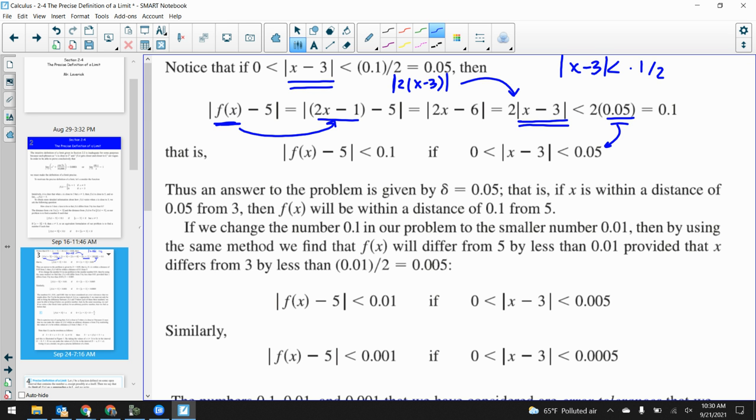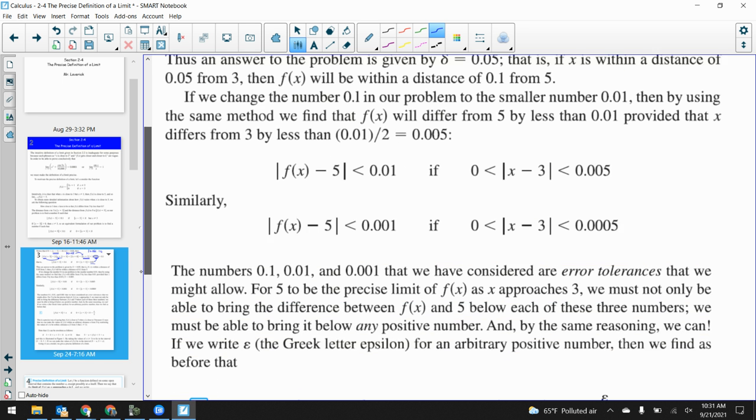To make it come out to be less than 0.1, I've got this 0.005. X has to differ from 3 by 0.005 to make it come out to be true. We can find it algebraically, but we can also find it graphically.